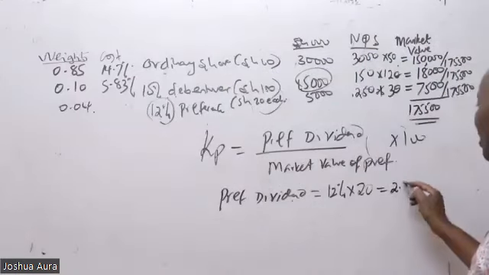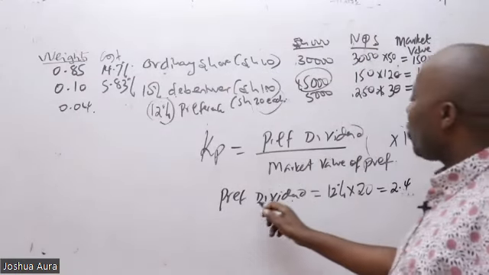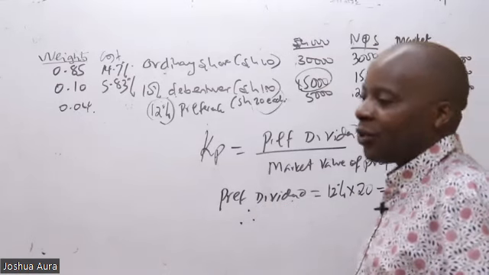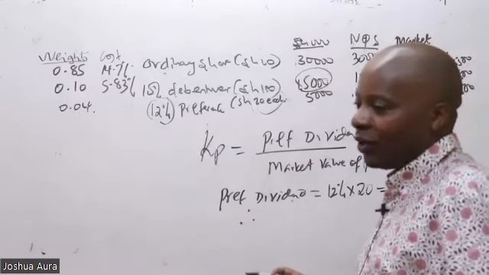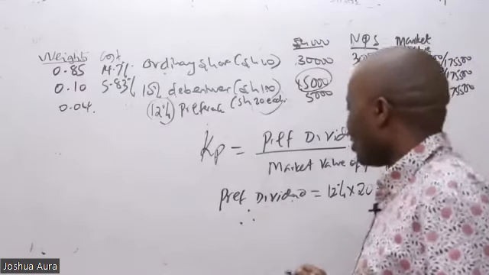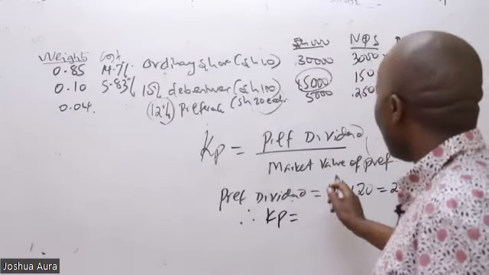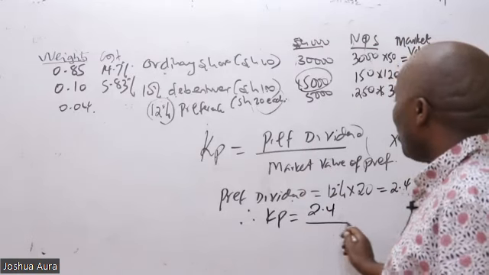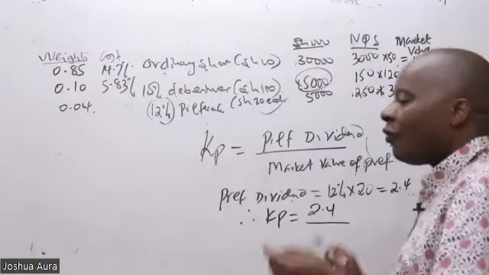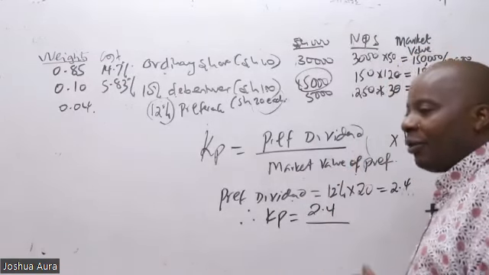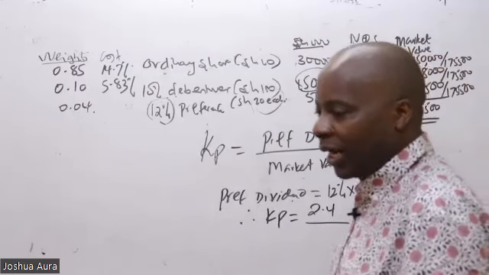Thank you very much. Abracadabra. You come and say therefore; even if you don't understand something, you scare the examiner with these kinds of things. So KP equals the preference dividend, 2.4, all over the market value of a preference share. Are you able to see the market value of a preference share?